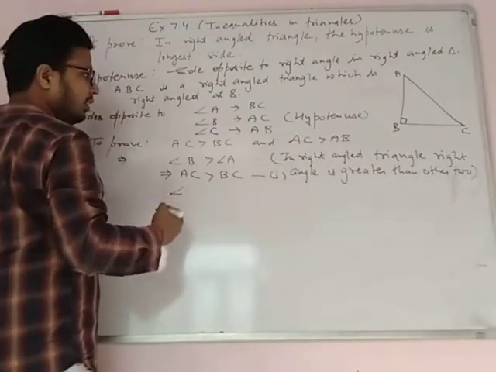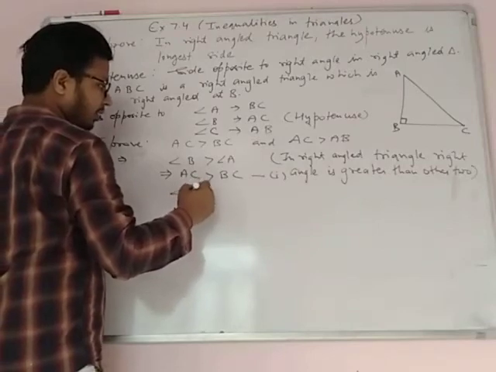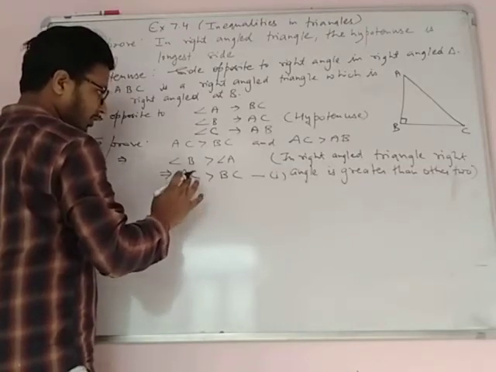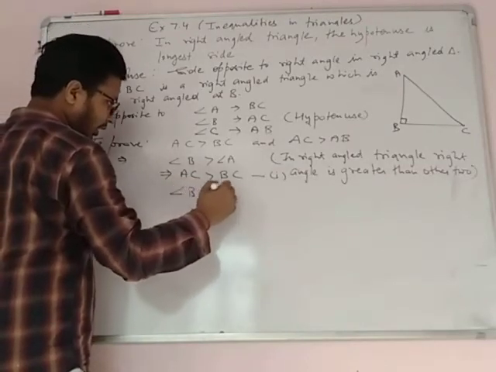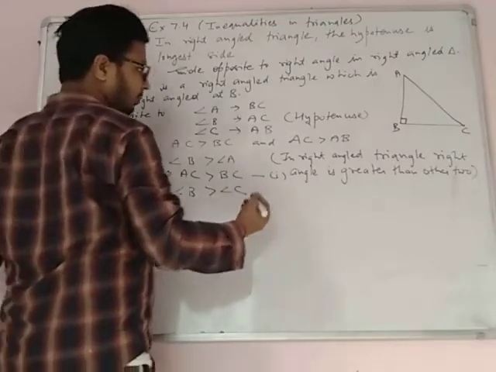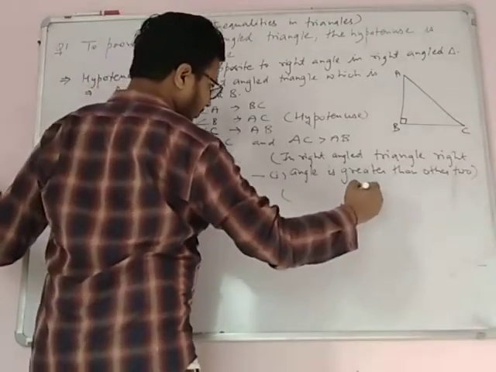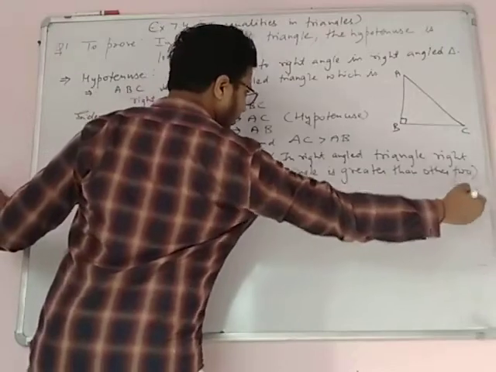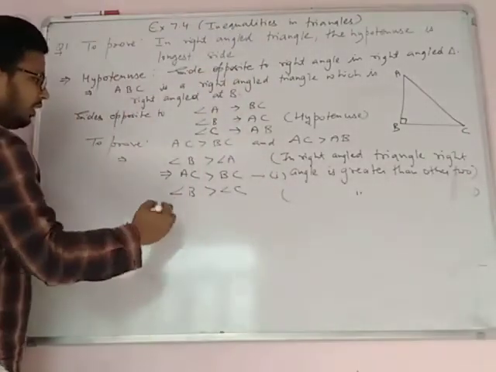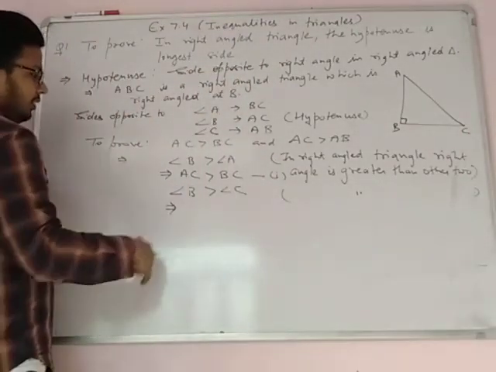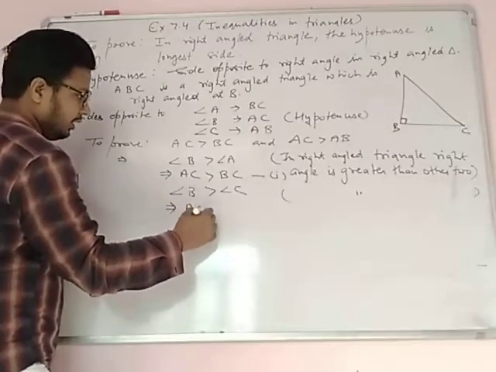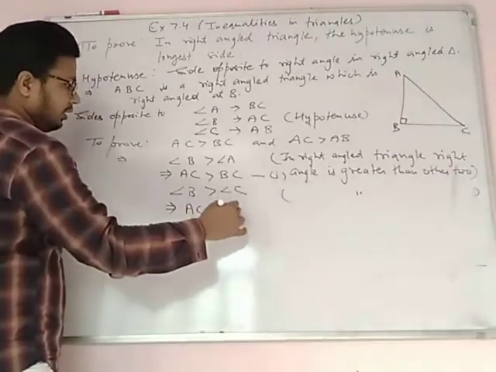Now angle B is also greater than angle C. The reason is same. And therefore AC is also greater than AB.